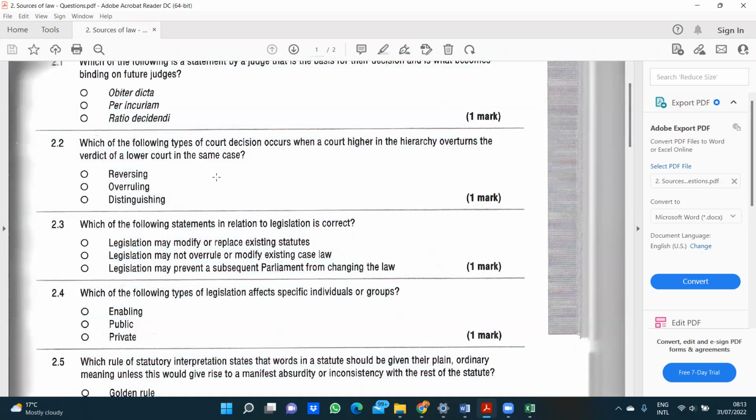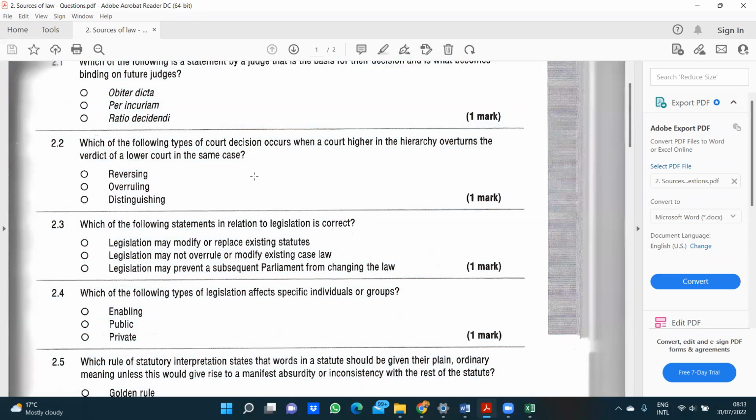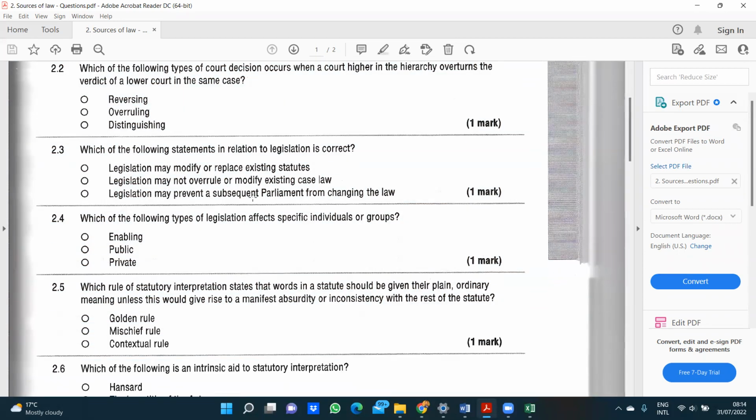The higher court in the hierarchy overturns the lower court's decision in the same case. The same case is the key phrase here, which means reversing. Overruling is again overturning the decision, but in a different case. All right.